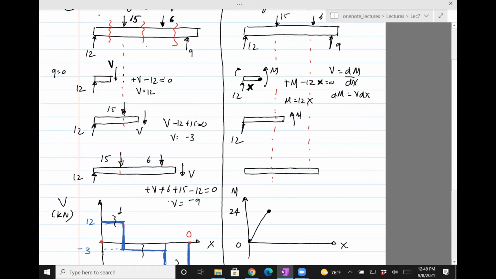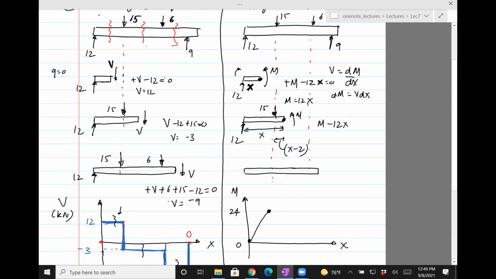Move to the next section, 12, 15 downwards. Now we'll say that this distance is x, and we take moment about this point, the same point at which we took the section. So M is counterclockwise, 12 is clockwise, and then 15 acts at a distance of, this distance is x minus 2, right?